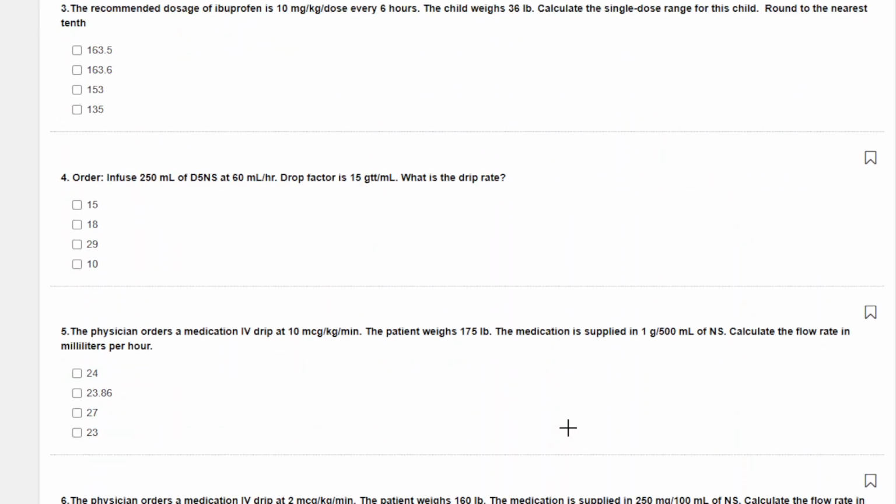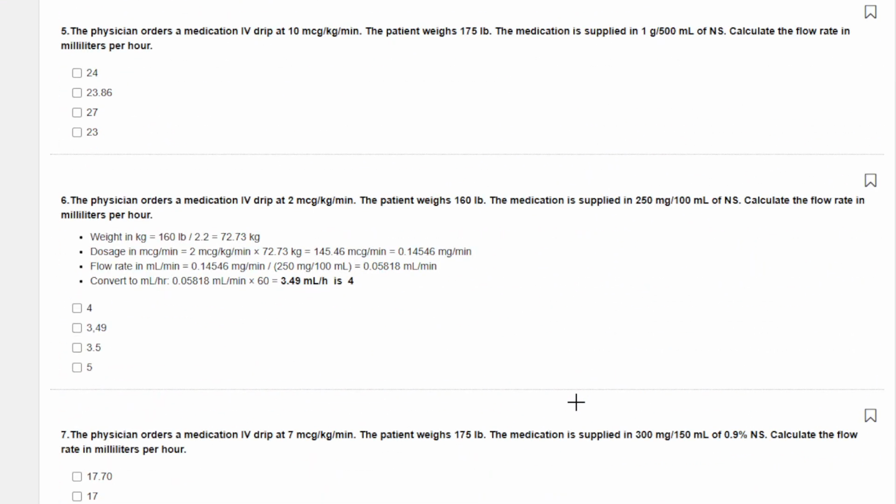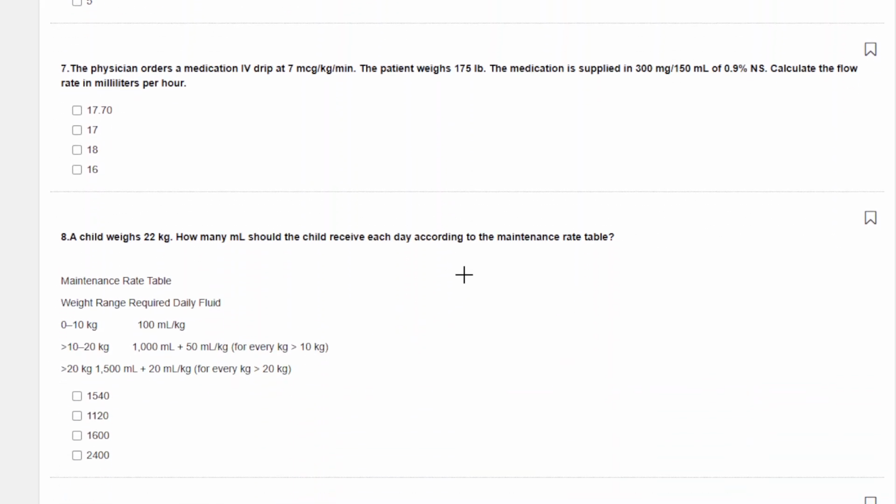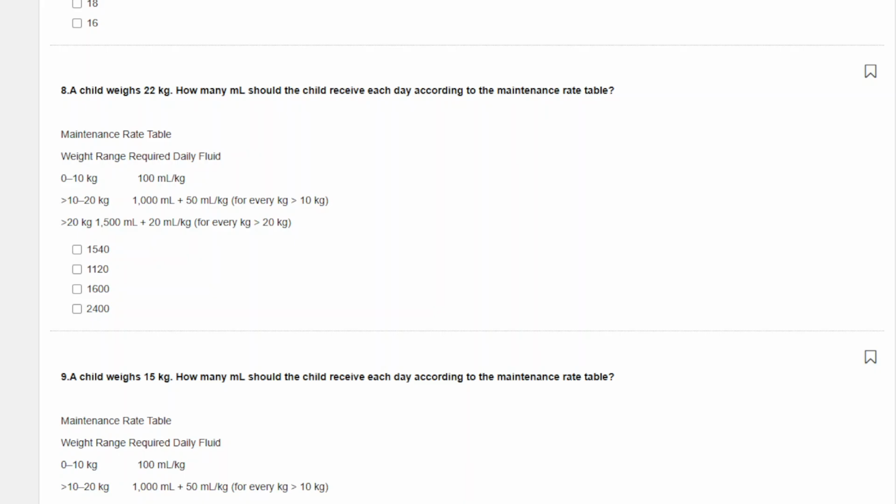So now we did that one. Number 7, the same concept like we did number 8. So let's look at number 8. What we have is 22 kilogram.